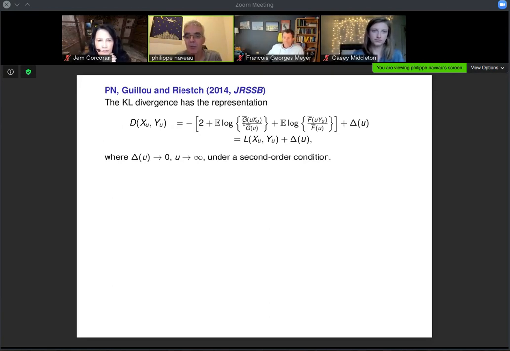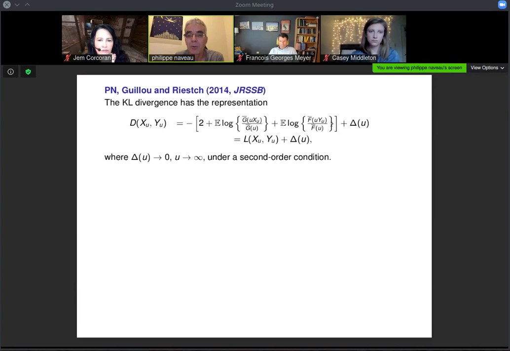In some sense, we have replaced the density, the PDF, by the survival function. If you do that, you have to pay a price, and it's a delta of u here. But when u gets large, this delta becomes small.